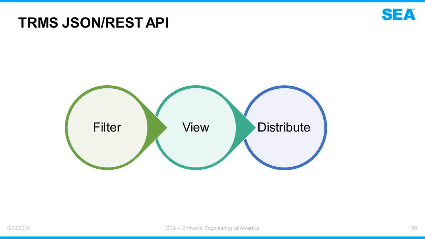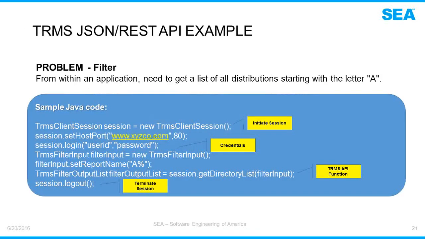The things you're able to do include filtering, as I showed you in the web application: applying a filter to a particular list of reports or the reports in the database, creating a particular view, and also getting the content of a distribution or a report itself.